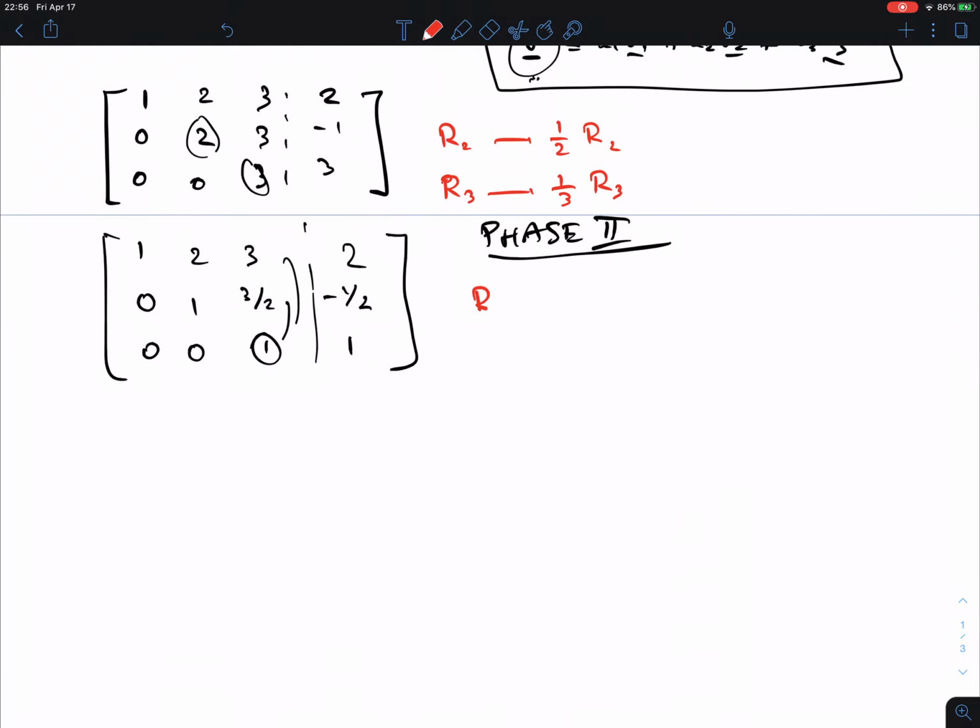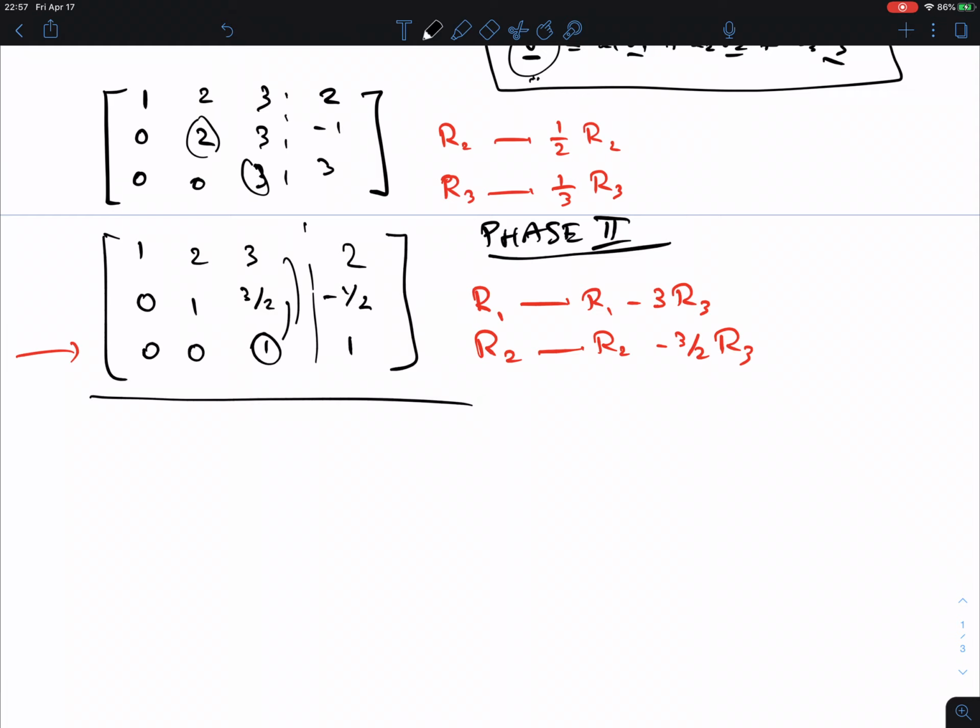So we do row 1 minus 3 times row 3. We're working with this row because that's where the pivot is. And row 2 becomes row 2 minus 3.5 times row 3. So what I'm doing is multiplying this by negative 3, so I get 1, 2, 0. Negative 3 plus 2 is negative 1.